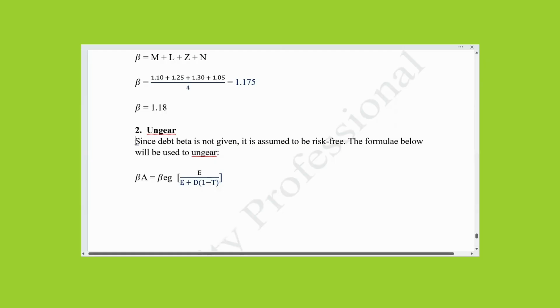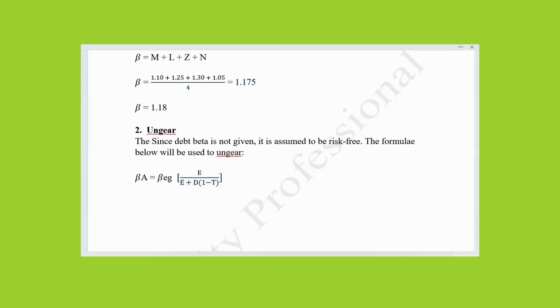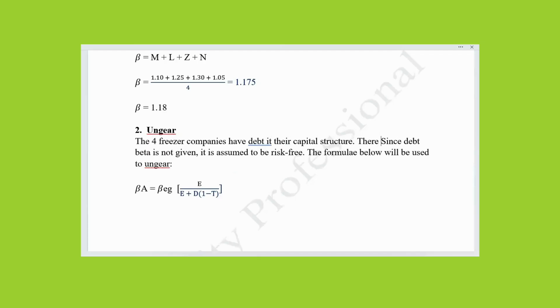Since the four freezer companies have debts in their capital structure, therefore the beta in step 1 is geared.